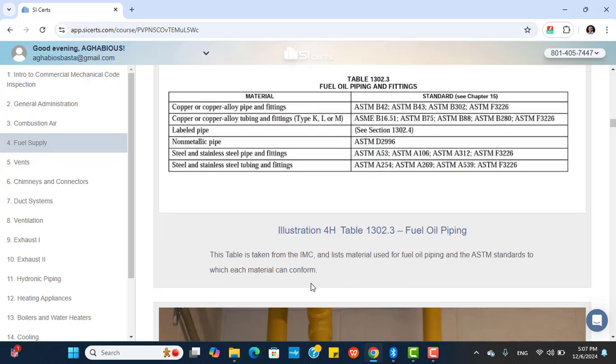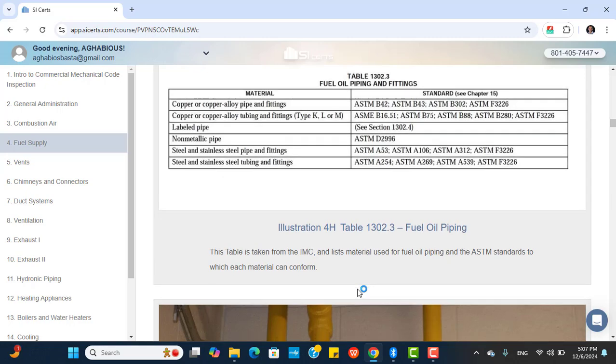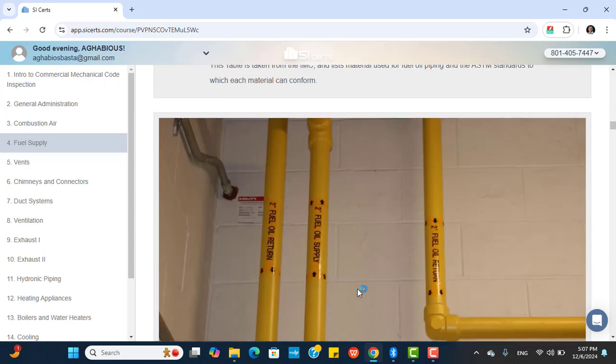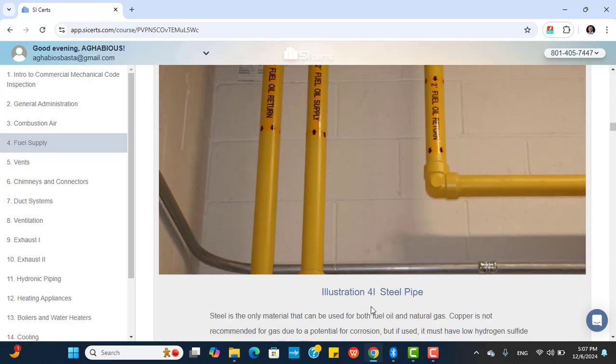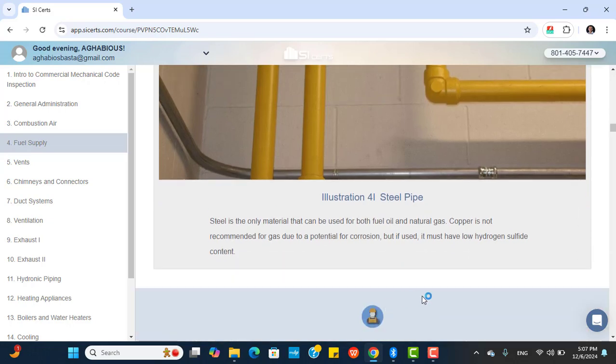Table 1302.3, fuel oil piping. This table is taken from the International Mechanical Code and lists materials used for fuel oil piping and the ASTM standard to which each material can conform. Illustration for steel pipe. Steel is the only material that can be used for both fuel oil and natural gas.